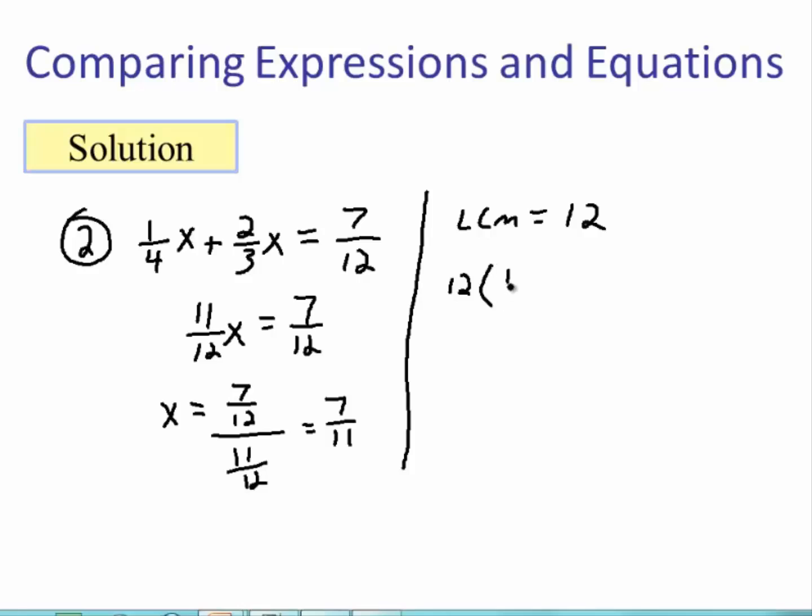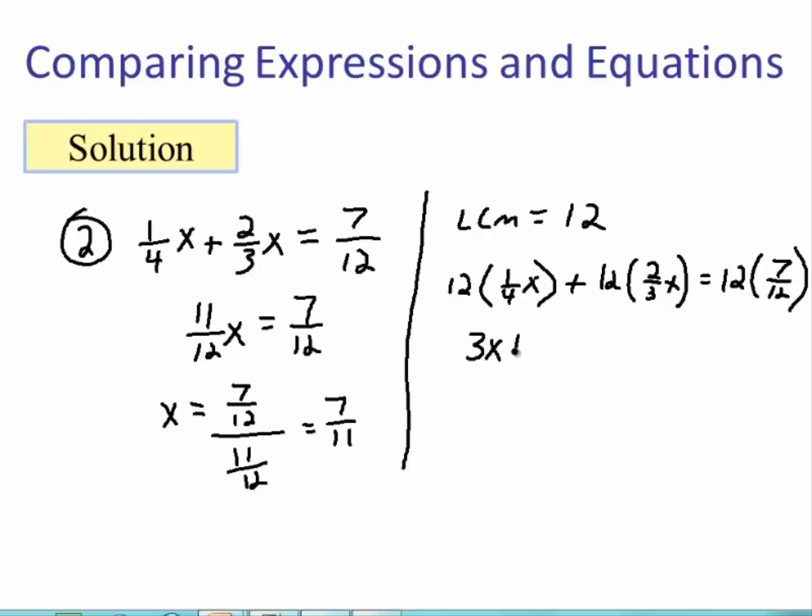So we have 12 times 1/4 x plus 12 times 2/3 x. And of course we have 12 times 7/12. This is going to be 12 times 1/4, which of course is 3x, plus 24/3, which is 8.